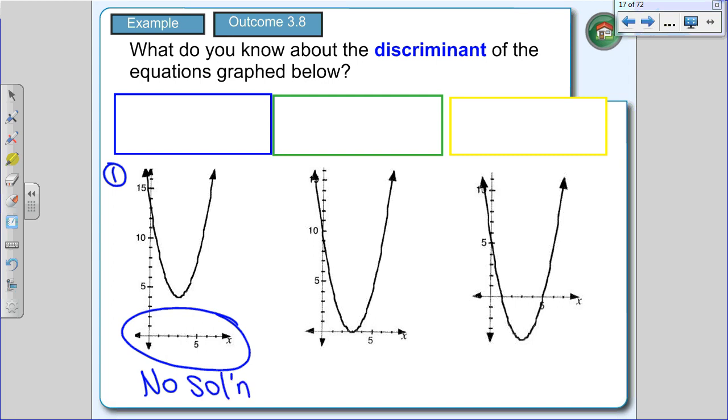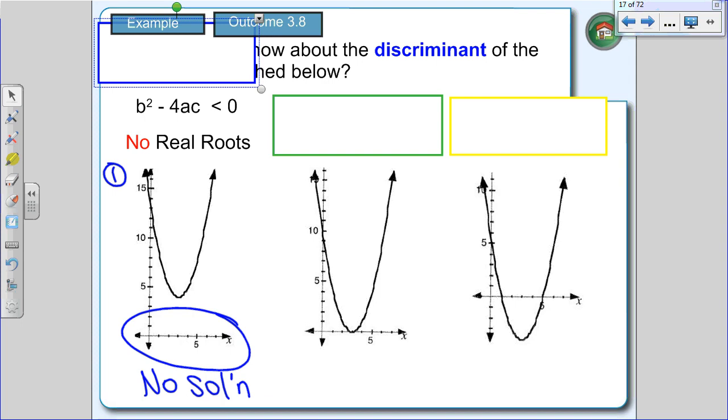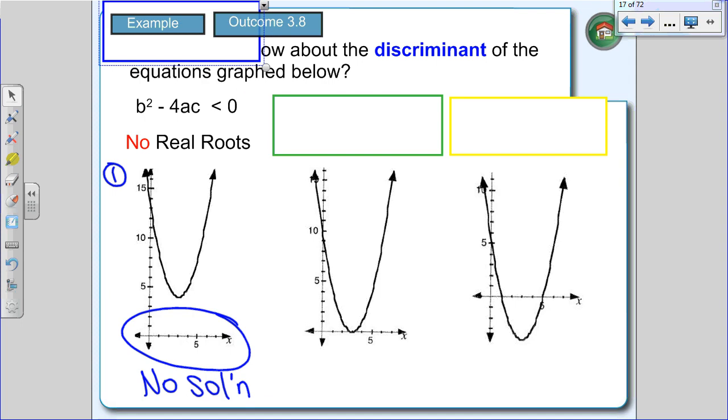What's it tell you about the discriminant? It tells you that the discriminant has to be less than 0. So just looking at a picture, you already know the discriminant must be negative. You can now link these 2 ideas together. Some of you were already doing that anyway, just by understanding that, okay, the discriminant is showing me solutions which are actually x-intercepts.